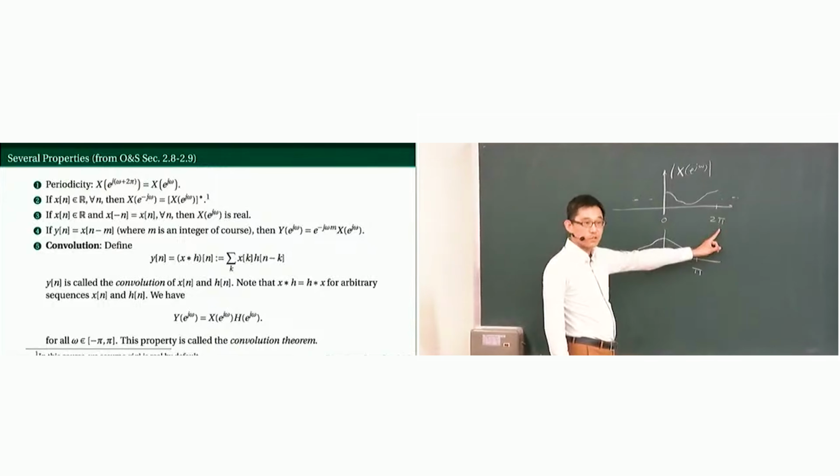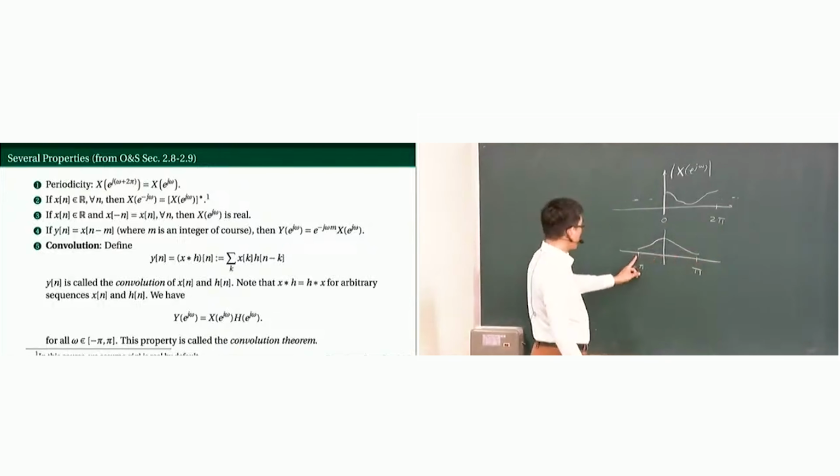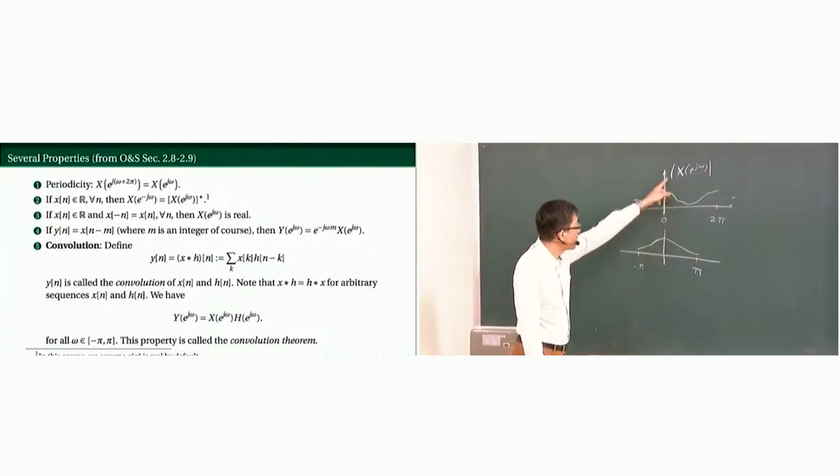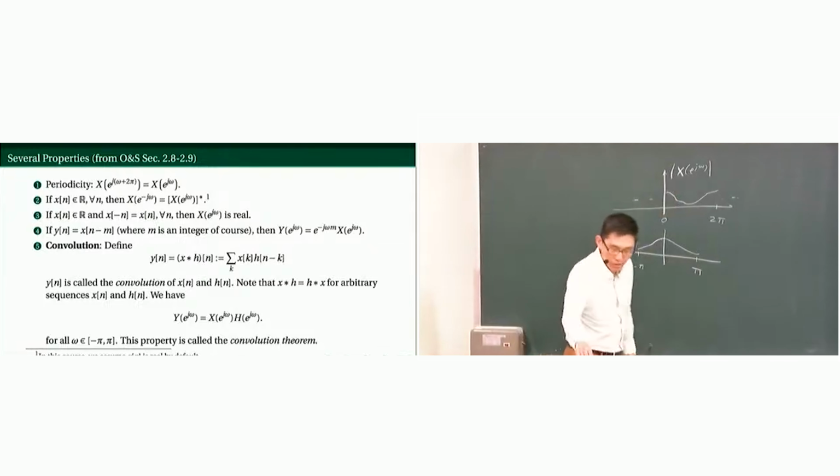The answer is no. Or this should be clearer: do we need to plot from minus pi to pi? The answer is no. Why? Because of the left and right, the magnitude spectrum will always be evenly symmetric. When you flip the spectrum left to right, it's always the same, the magnitude spectrum, I mean.